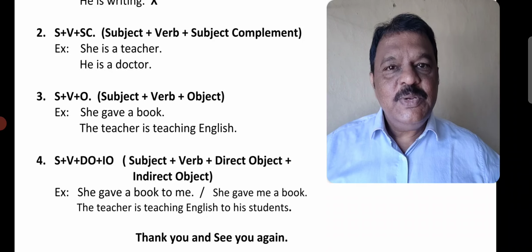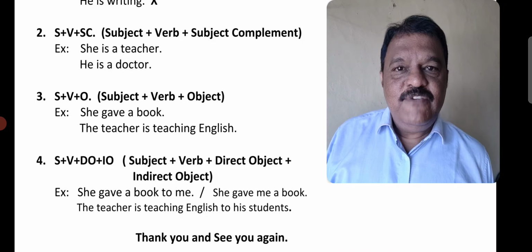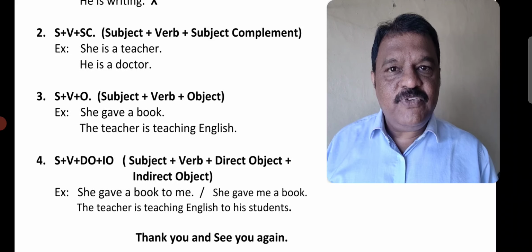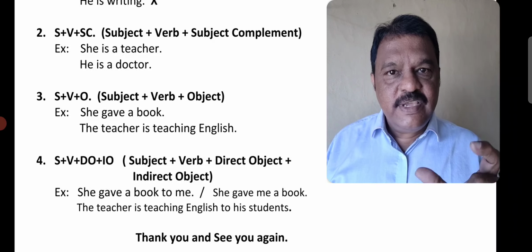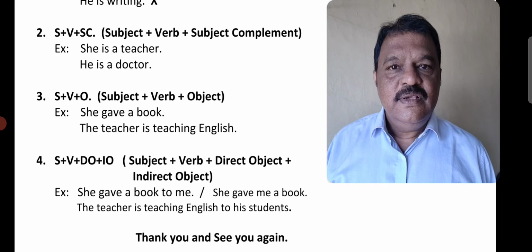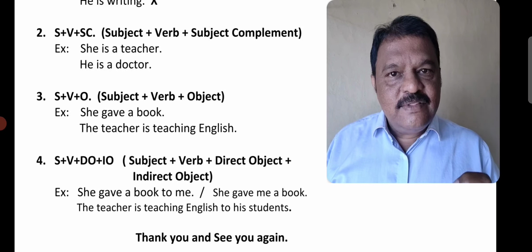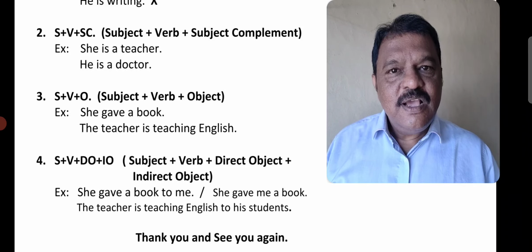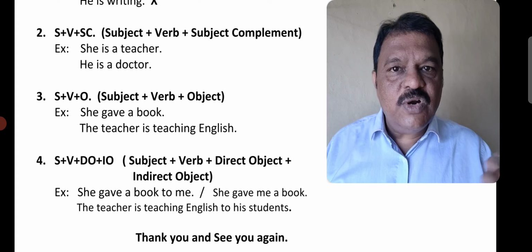Got it? Look, whenever you want to find out or identify the direct object in a sentence, you need to take the help of the subject and verb plus ask the question what.